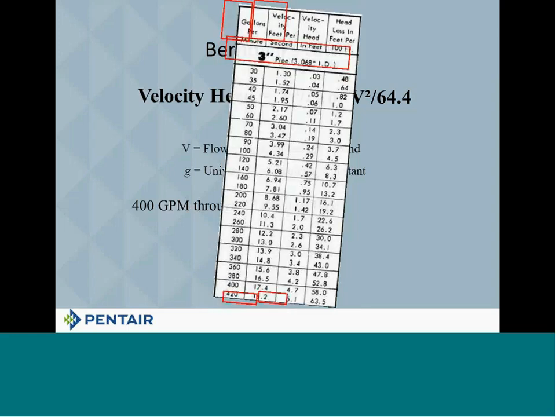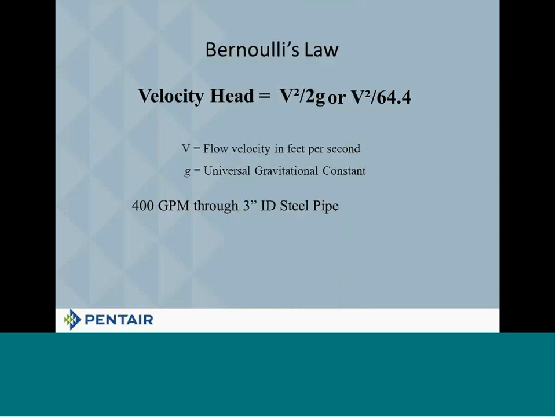So remember the formula. V squared. So 17.4 times 17.4 is 302.76. Divided by 64.4 equals 4.701, and of course, we're going to round it off to 4.7.